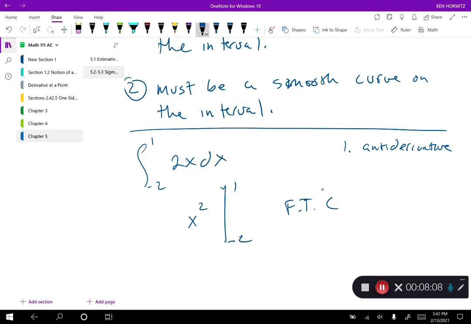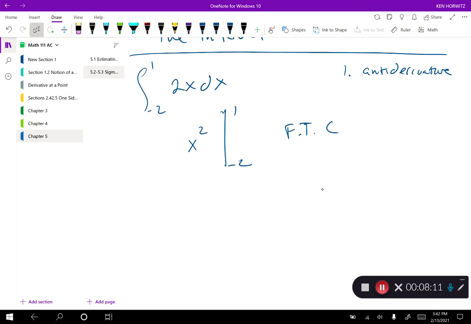The fundamental theorem of calculus says that if I take my upper bound and I say 1 squared, and I subtract my lower bound, which would be -2 squared, that would be 1 minus 4, which would equal -3.